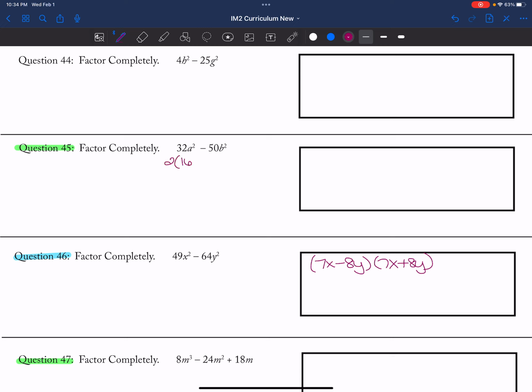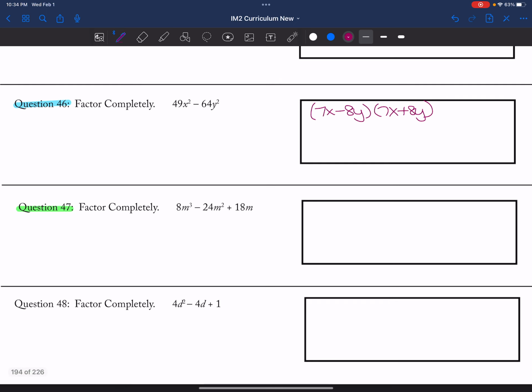That makes it 16A squared minus 25B squared. So that's 2 times 4A minus 5B and 4A plus 5B. Everybody has a 2 and an M. So that leaves me with a 4M squared and minus 12M plus 9.